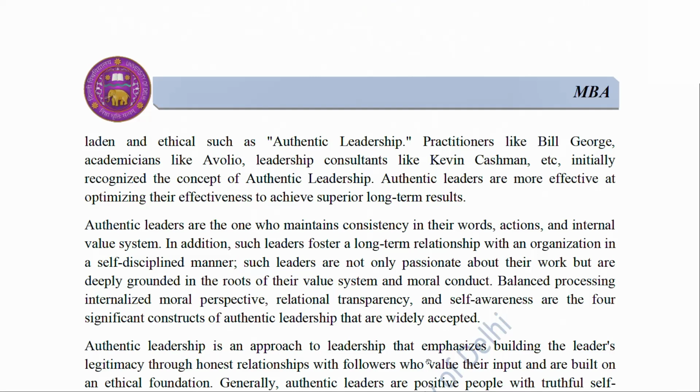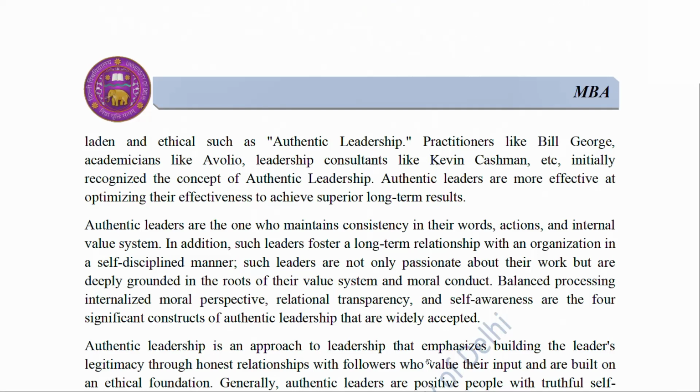Authentic leaders are more effective at optimizing their effectiveness to achieve superior long-term results. Authentic leaders are the ones who maintain consistency in their words, actions, and internal value system. In addition, such leaders foster a long-term relationship with an organization in a self-disciplined manner.